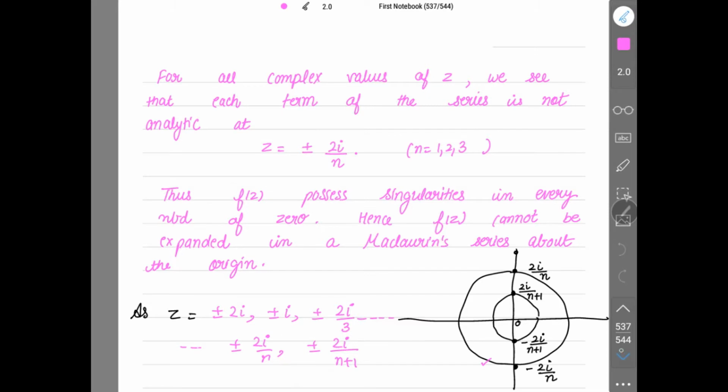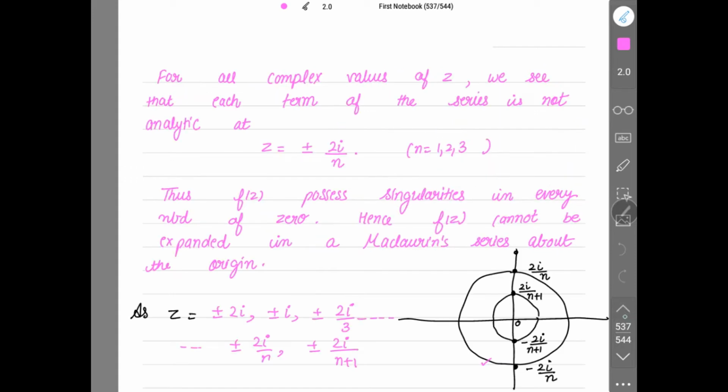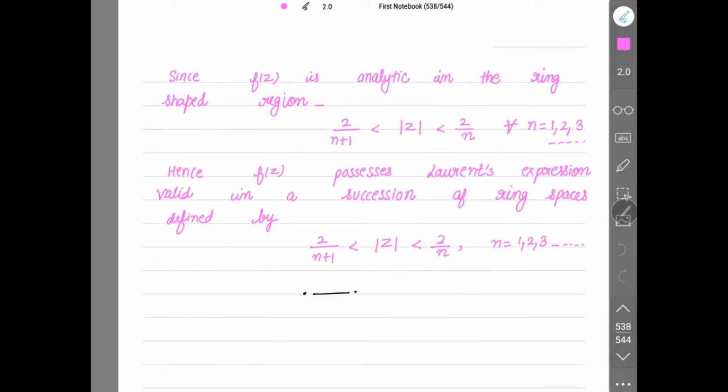Next. Since f(z) is analytic in the ring-shaped region between plus minus 2 iota over n plus 1 and plus minus 2 iota over n, can we say that the function is analytic in this? Yes, the function is analytic in this.